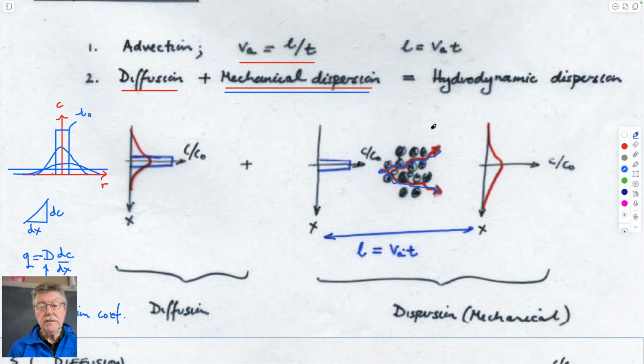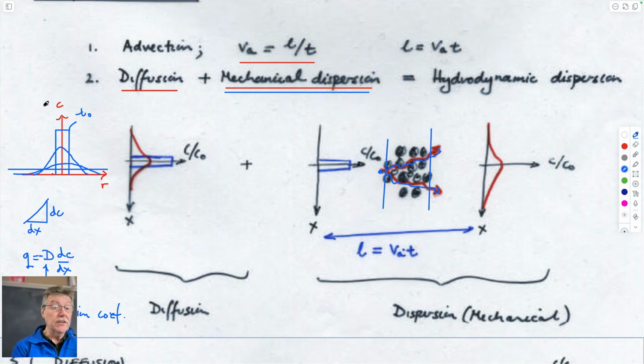And so if you draw a section across this and plot the concentrations, it's going to look like this. For mechanical dispersion, you start upstream and you take a slice across this, it will look exactly like this. You go downstream, take a slice across this, it'll be like this.